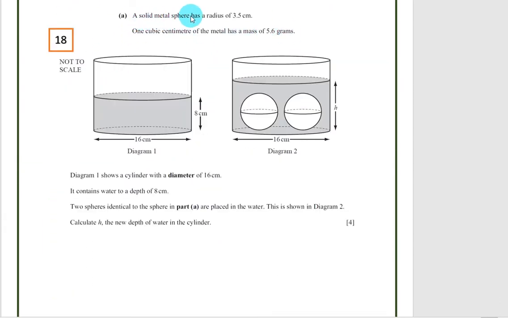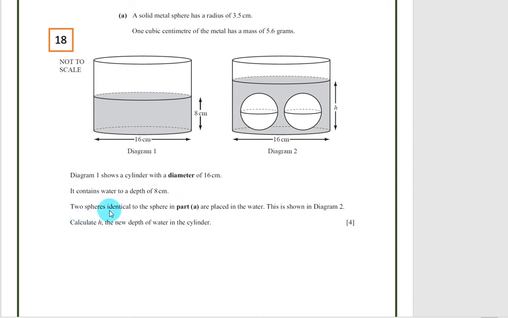A solid metal sphere has a radius of 3.5 centimeters. 1 cubic centimeter of the metal has mass 56 grams. Diagram 1 shows a cylinder with a diameter of 16 centimeters. It contains water to a depth of 8 centimeters.